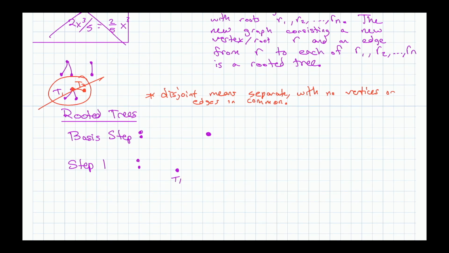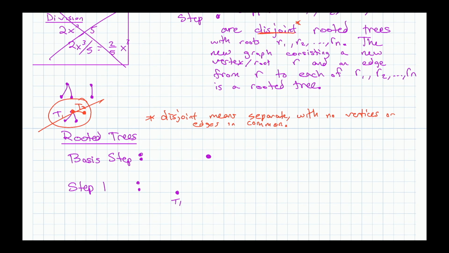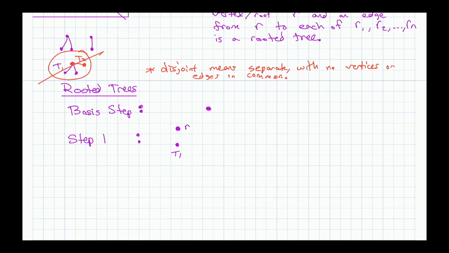If that's all there was, then the way you would get a new graph is you add a new R and then you just connect the new R to the R on the graph T1. So there you go. That's a rooted tree.